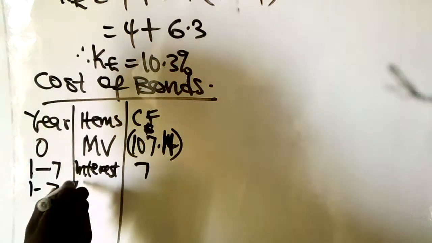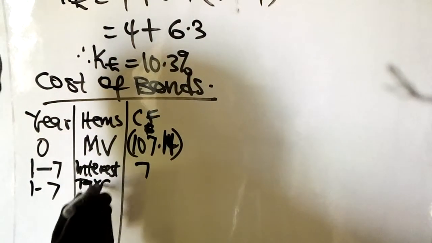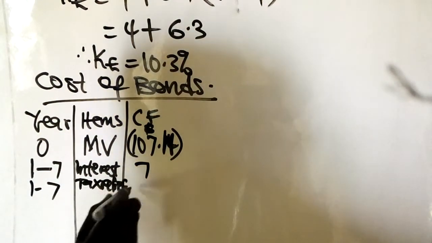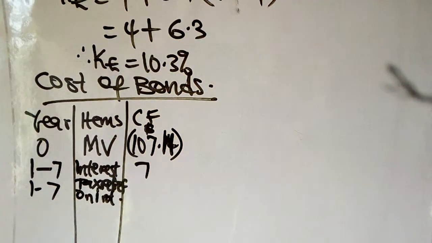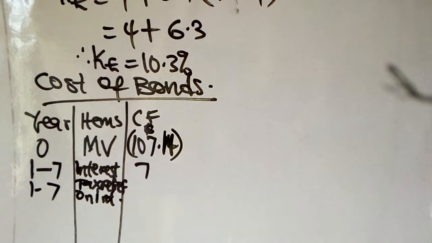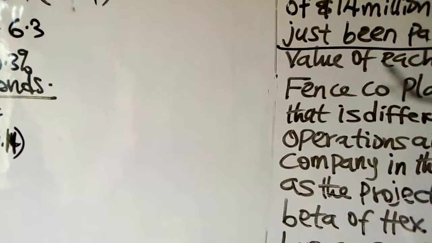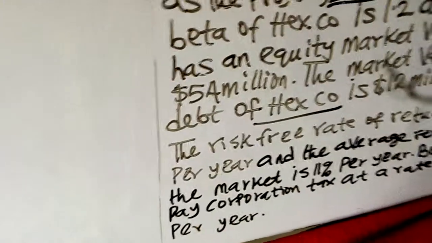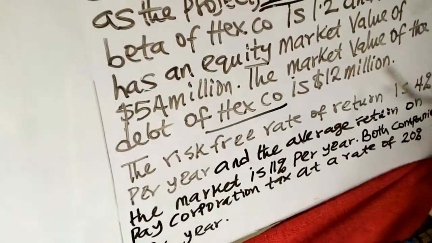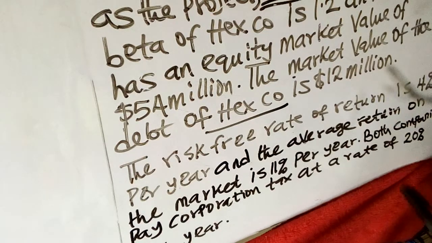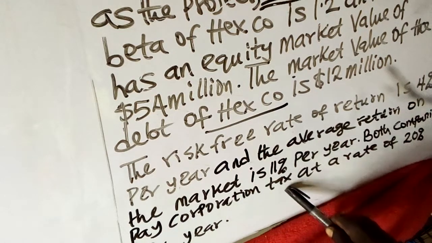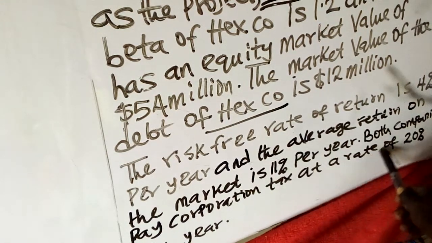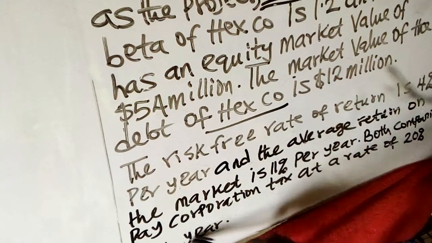You have tax relief on interest. You are going to make use of the tax rate in order to calculate the tax relief on interest, and you are given the tax rate to be 20%. The average return on the market is 11% per year. Both companies pay corporation tax at a rate of 20% per year.